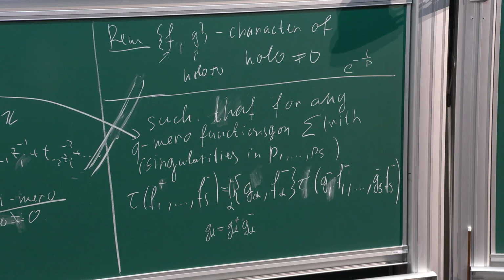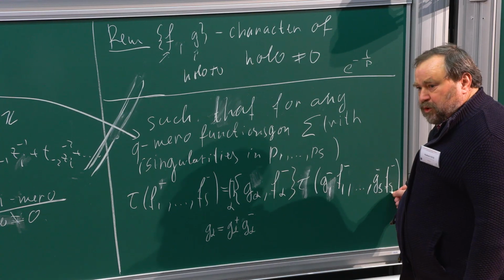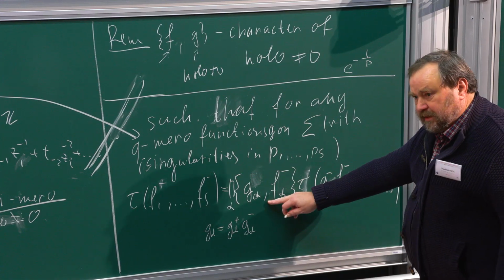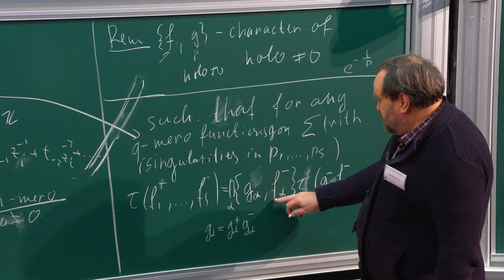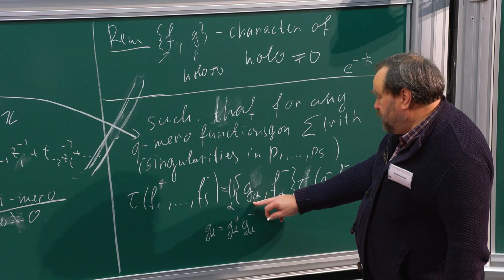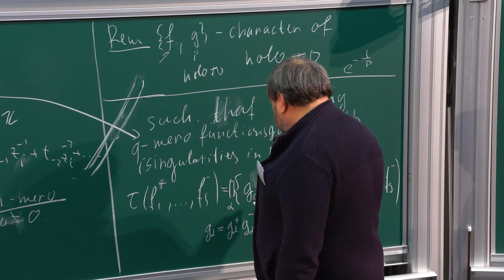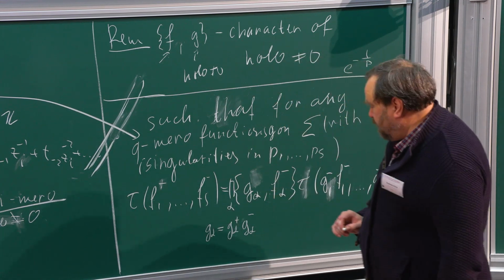G minus is an element of the quotient, well defined. But the middle term is not really. You take a symbol between g alpha, well, strictly speaking, there is no plus or minus here.